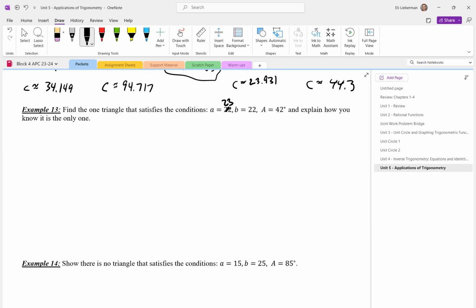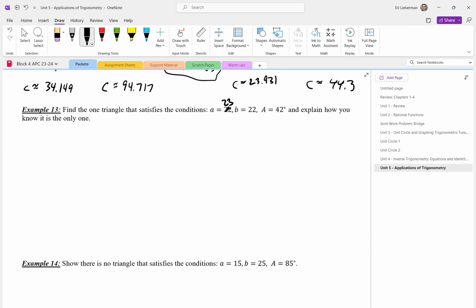There's only one triangle. Wait, you made it not one triangle, so now it's two, right?